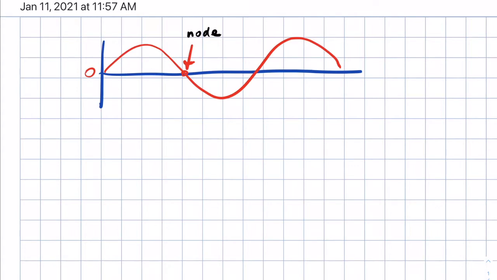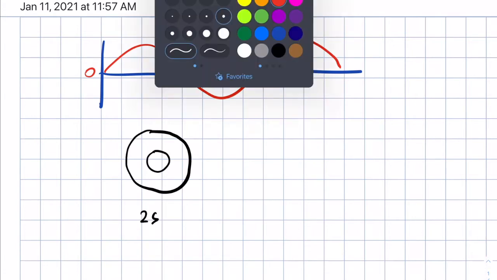For example, second row elements have a couple of different wave functions available to them, and that's summarized in the introductory study guide. They have a 2s wave function, and it consists of two concentric spheres.